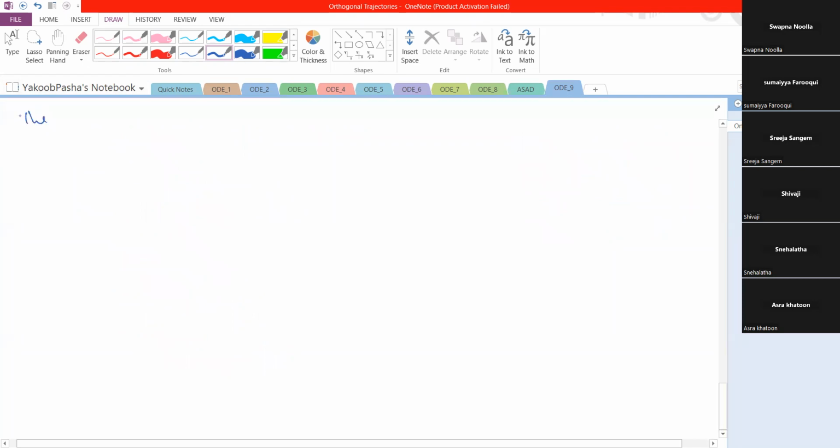The orthogonal trajectories of the family of curves x power 4 by 3 plus y power 4 by 3 is equal to a power 4 by 3.